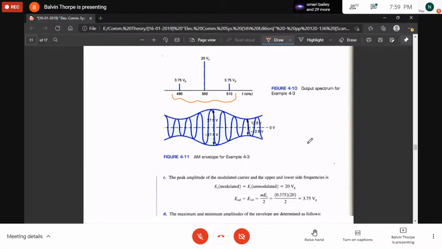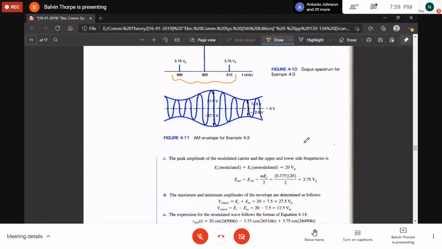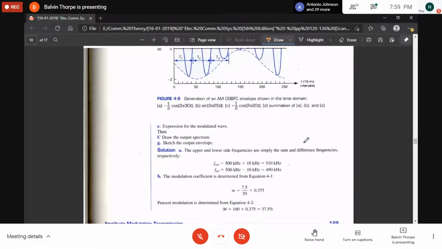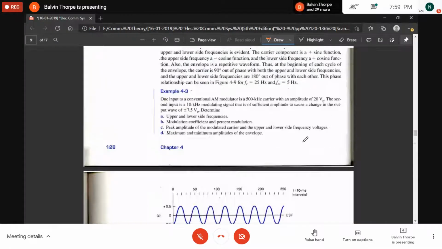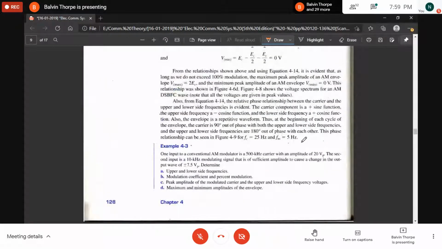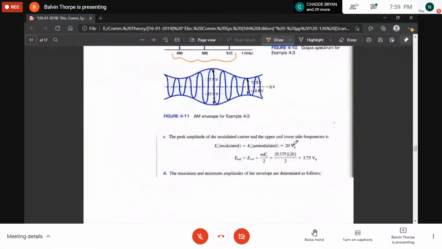The next thing that was asked, C. What would C ask again? The peak amplitude of the modulated carrier and the upper and lower side frequency.